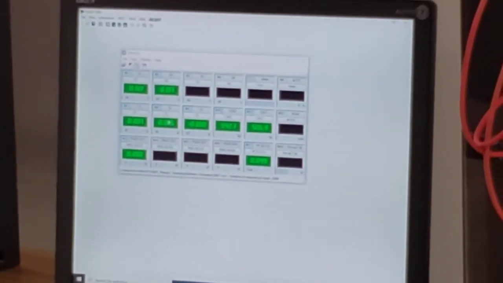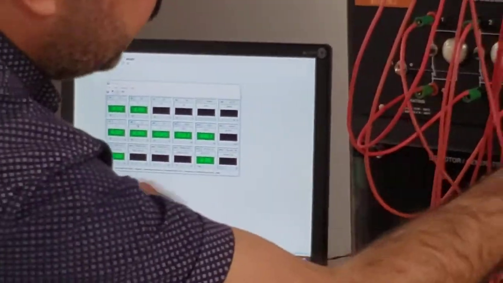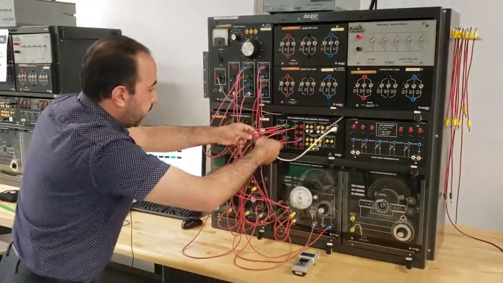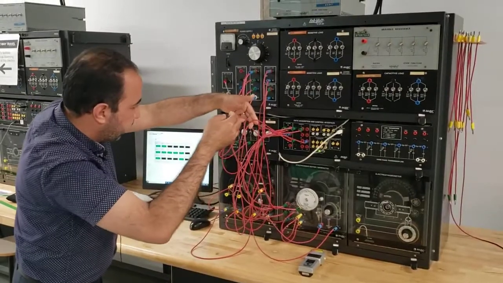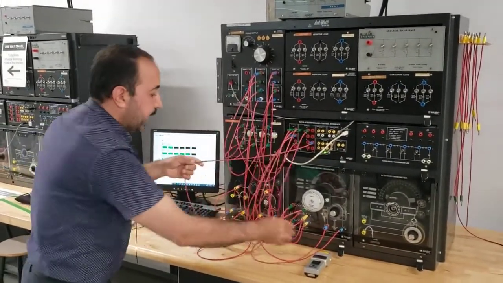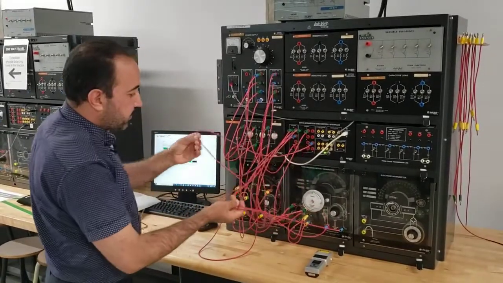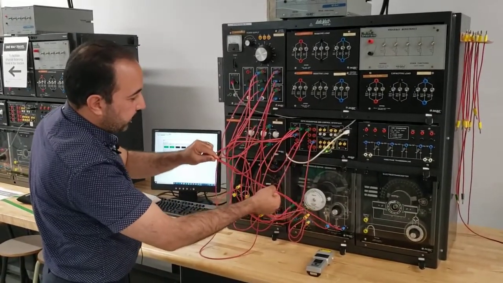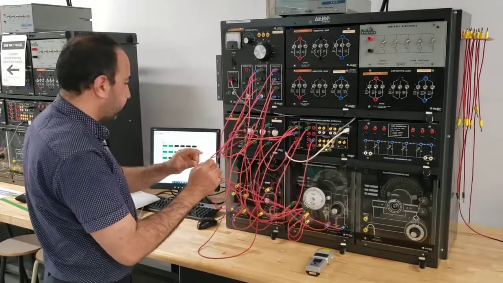And I'm trying to measure I2. Where is this guy. I'm trying to measure this guy, which is I3, which is the current for the field, for the DC. I would like also to measure the current for the field for the synchronous generator.